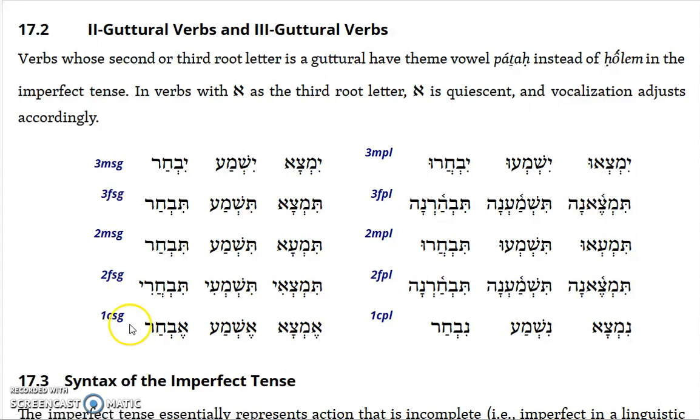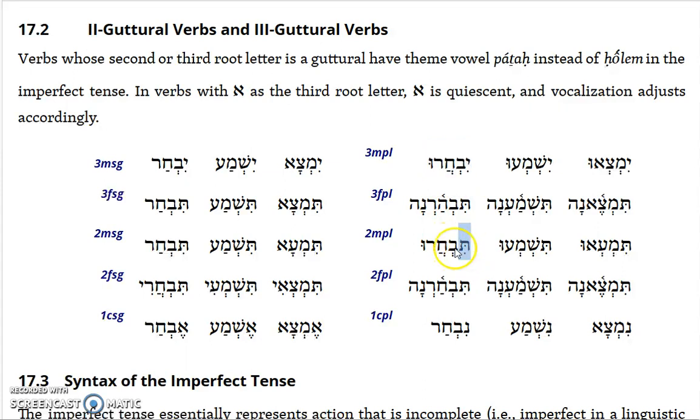Moreover, gutturals will not accept vocal shewa, so in those places where you are wanting to put a shewa under the middle consonant, as in the second feminine singular, you will get the hataf patah instead. So you get it here, and then here in the third masculine plural, you get the hataf patah.